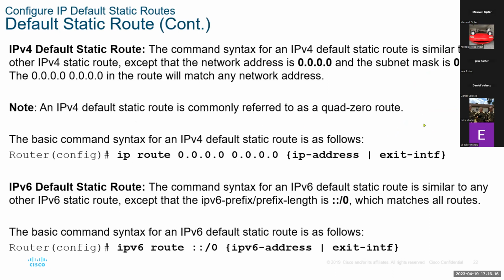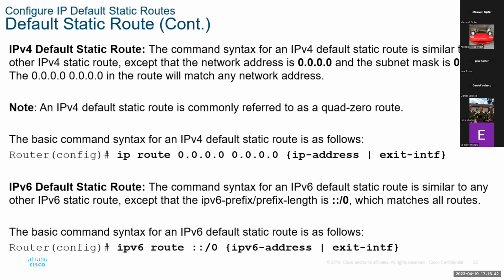IPv4 default static route. The command syntax for an IPv4 default route is similar to any other IPv4 static route, except that the network address is 0.0.0.0 and the subnet mask is the same, 0.0.0.0. I'm just going to say the two sets of four zeros, and the route will match any network address.